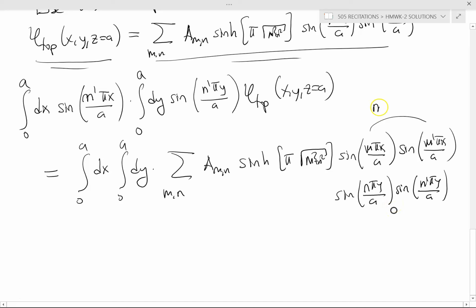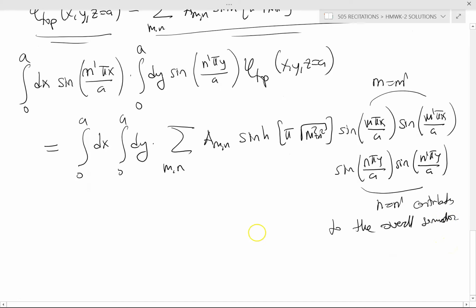Otherwise it is equal to 0. Similar argument goes for the integration over y. Only n equals n prime contributes to the overall summation. In that way we can figure out the corresponding component of the harmonic. Okay, that was the idea.